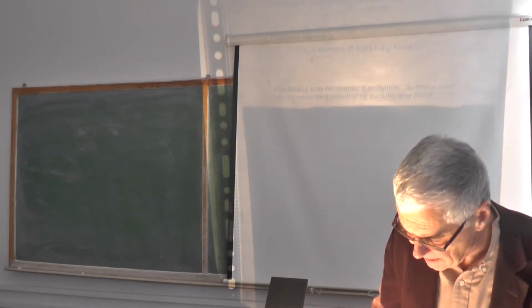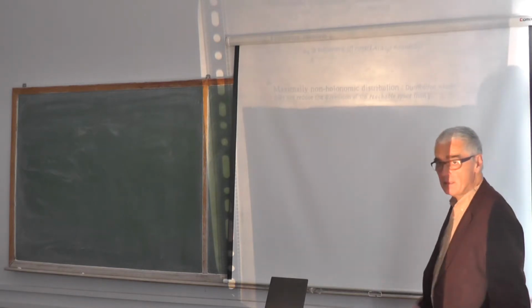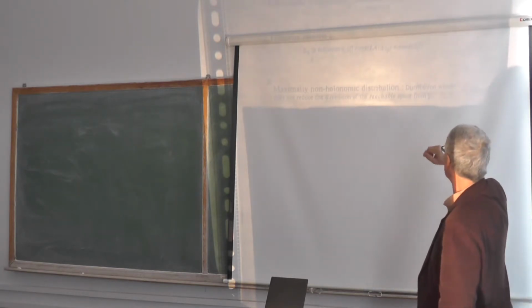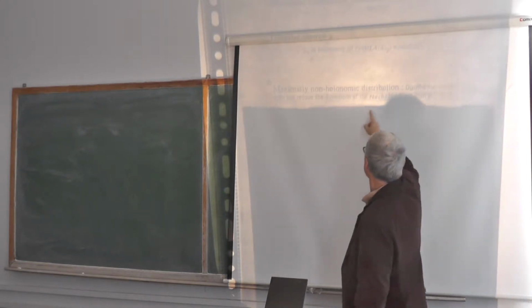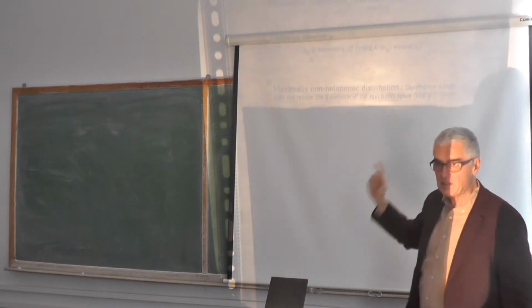If you are able to do that, your system is maximally non-holonomic. This is a distribution which does not reduce the dimension of the reachable space from P.